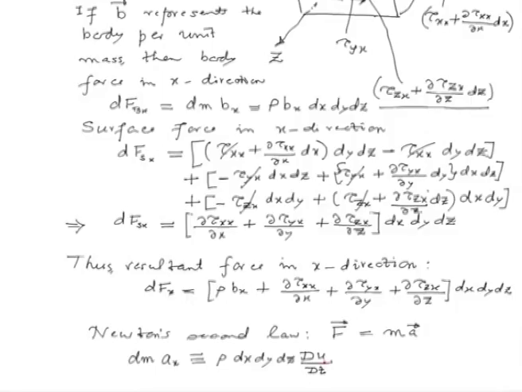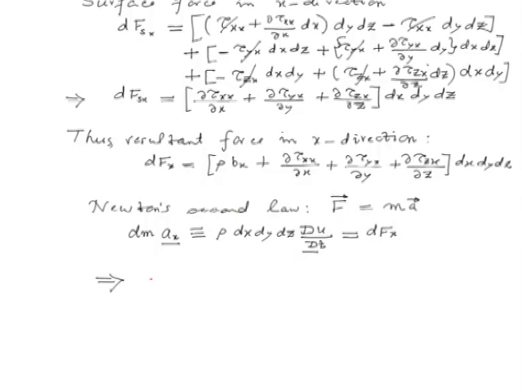Here du by dt is the material derivative of the x velocity component, which gives us the acceleration in x direction. This is equal to dfx, which we derived previously.